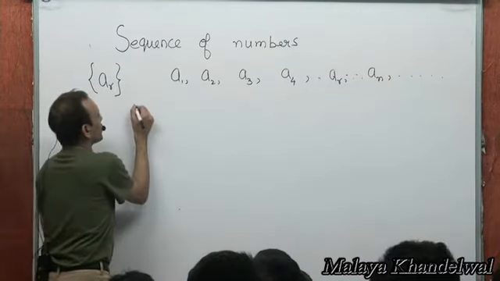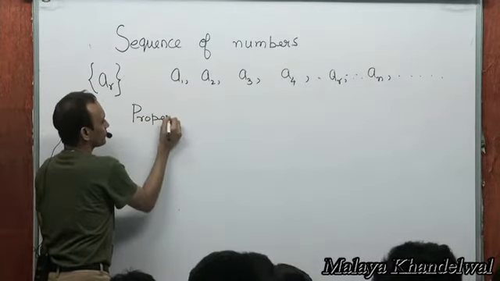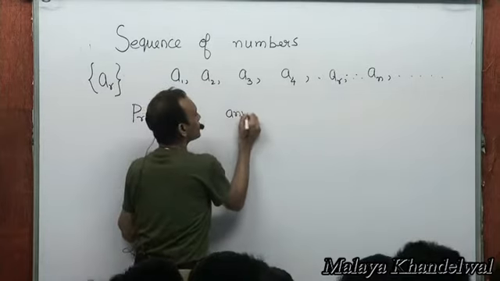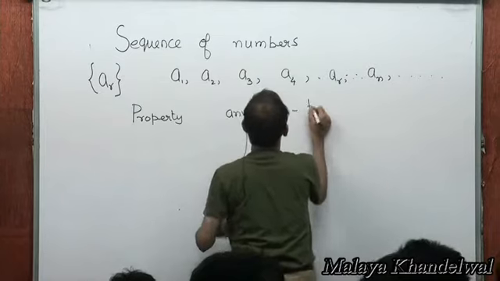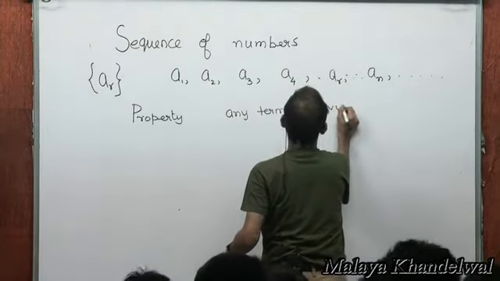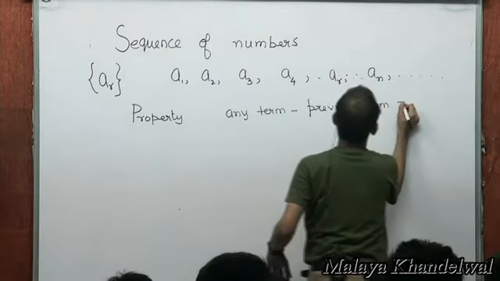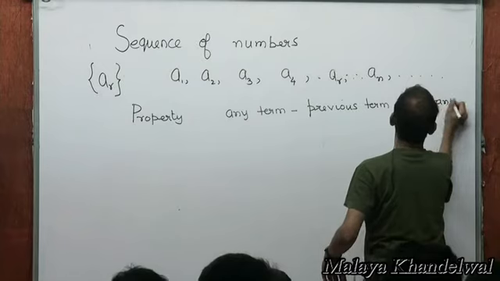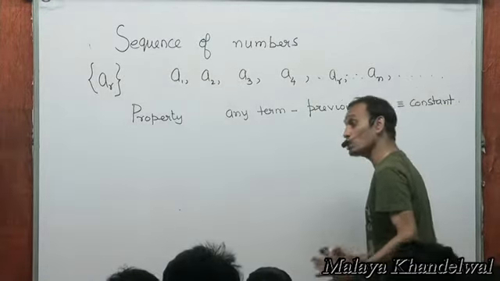Now, if this collection of numbers has a property, any term minus the previous term is a constant. Suppose this collection of numbers has this property. Any term minus previous term is a constant.